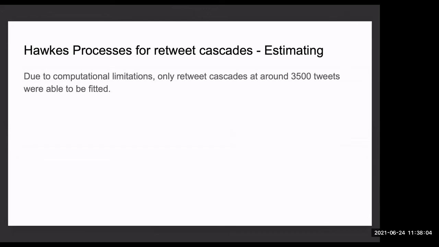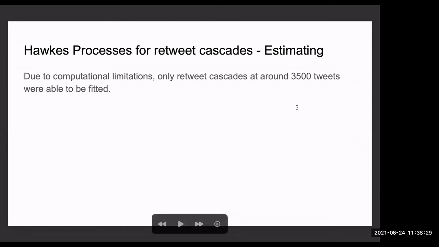This was quite a shame, but 3,500 tweets are still pretty big cascades. But in the data set, we had cascades that were like 200,000 tweets, which would have been fun to look at, but computational limits. Alfred?